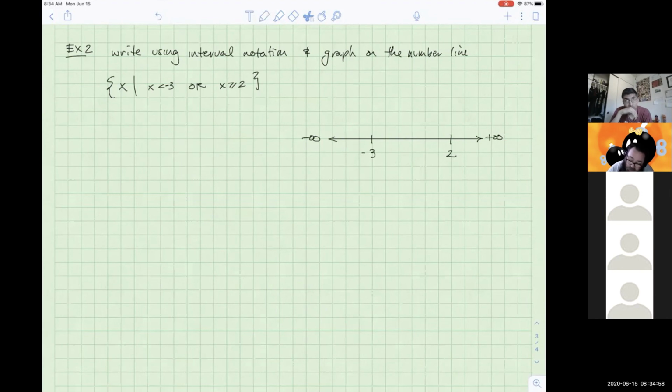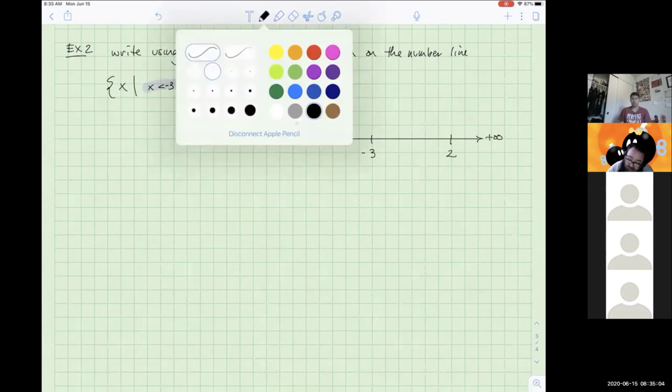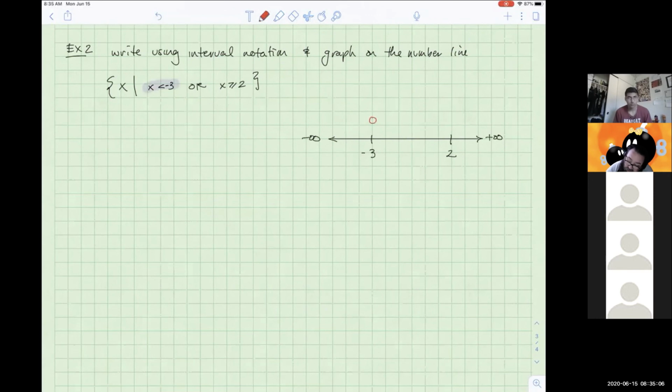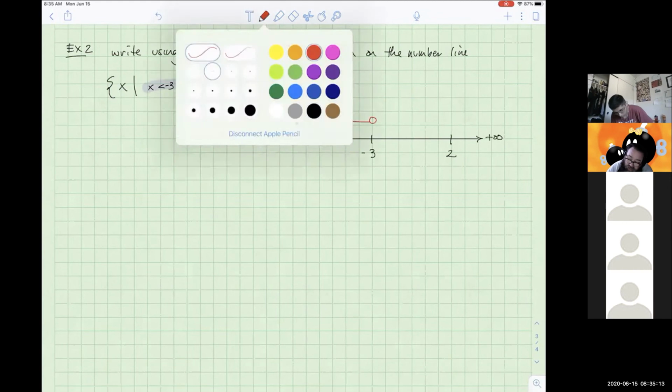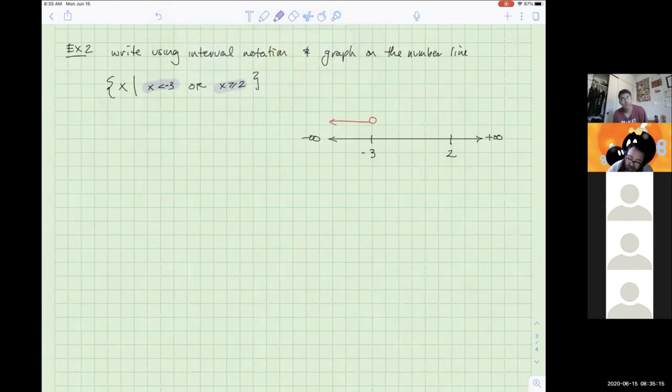Now, from this first inequality, x is less than negative 3, I know that that is open because it's not equal to negative 3, and it's less than, so it's an arrow to the left. For my second inequality, x is greater than or equal to 2, that is a solid dot at 2, and an arrow to the right.